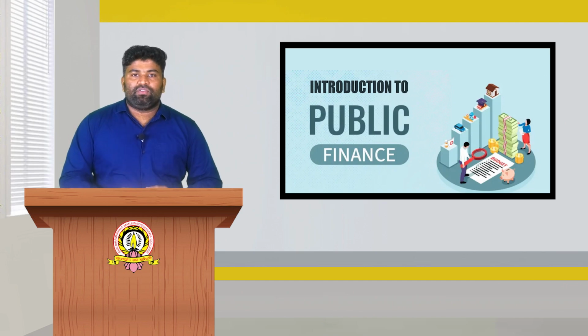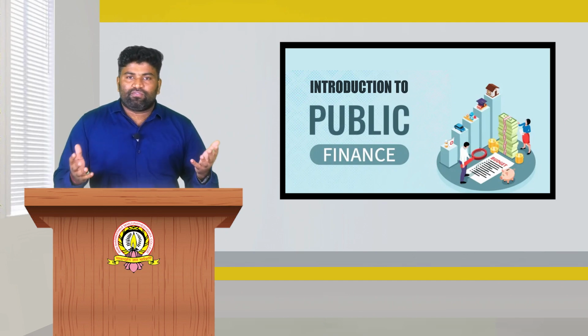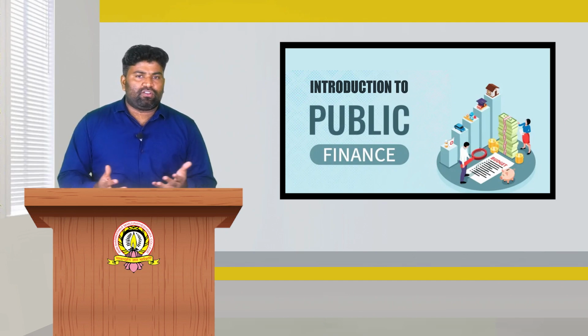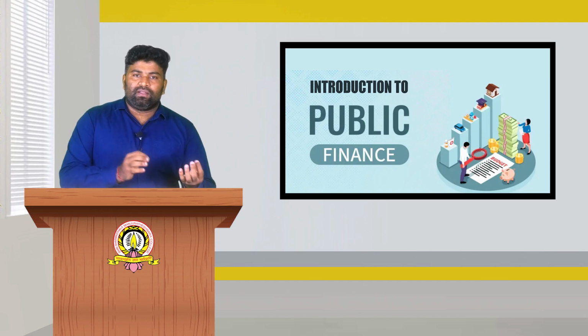How it obtains revenue means how it collects or mobilizes revenue from different sources. Being a student of economics or commerce, we know that government has many ways to raise its funds, whether from tax sources or non-tax sources.